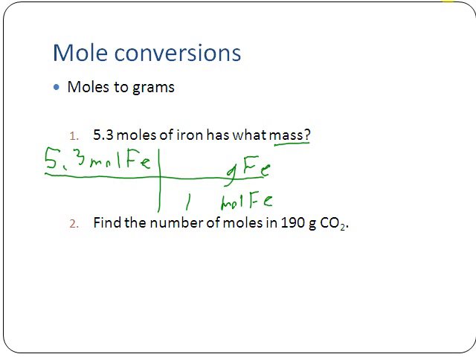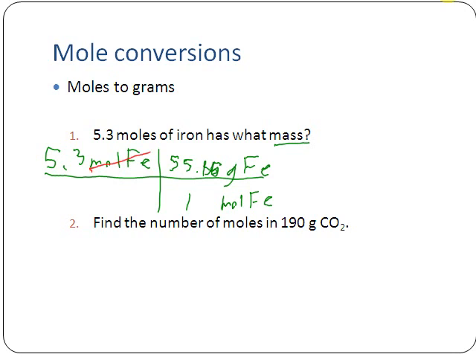So we have 1 mole right here. We look on the periodic table and it tells us that iron has a mass of 55.85 grams per mole. So 55.85, 85 or 86? 85, I don't know why I wrote a 6 there. So 55.85 grams of iron in 1 mole iron.